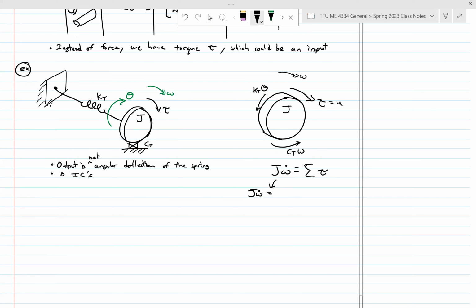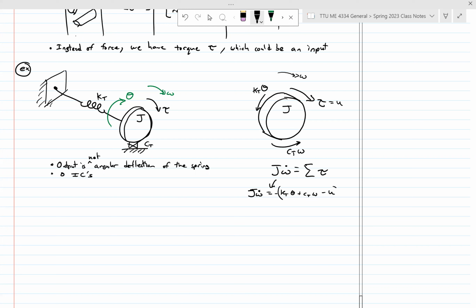Just read it out for me. Is that right? Based off of our sign convention, is this correct?